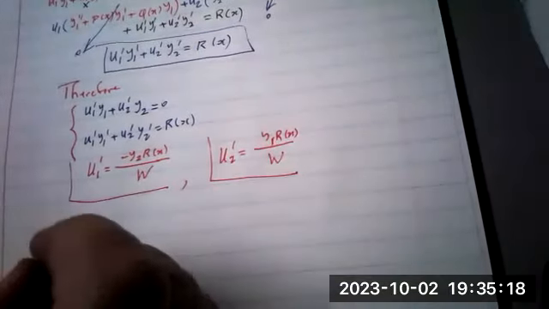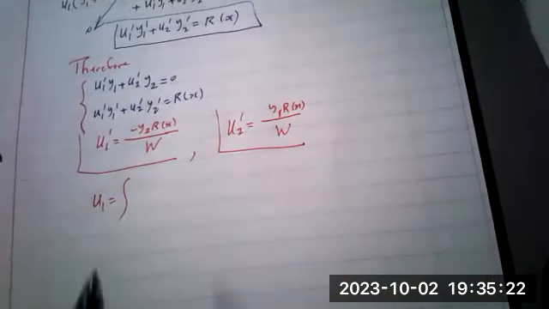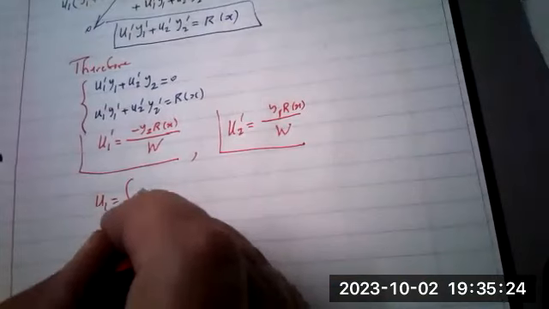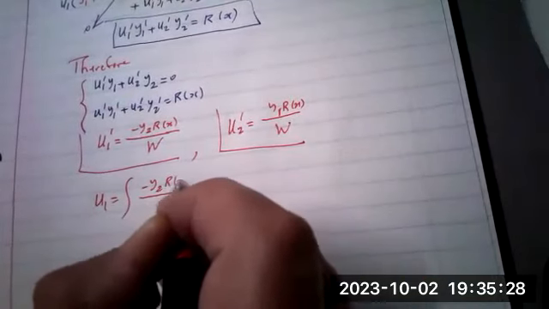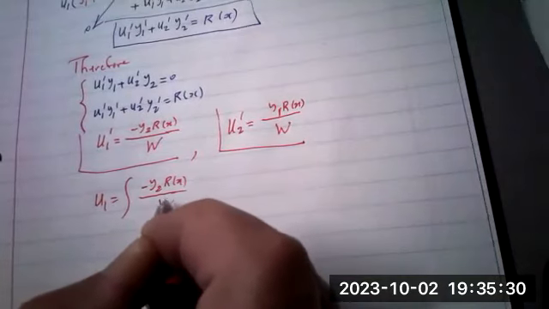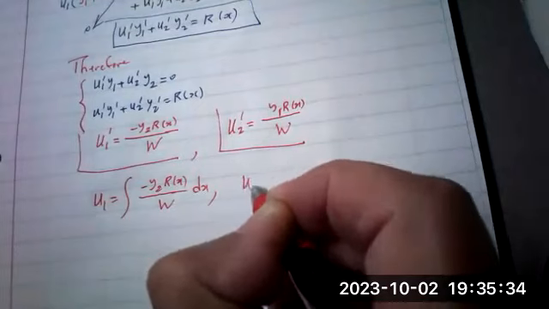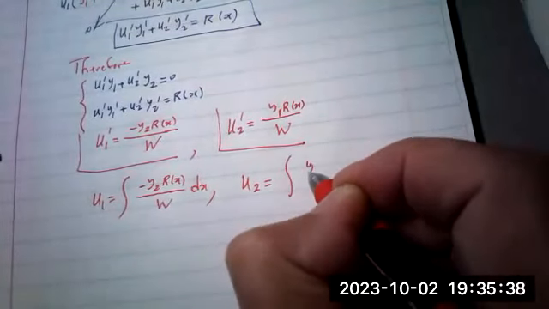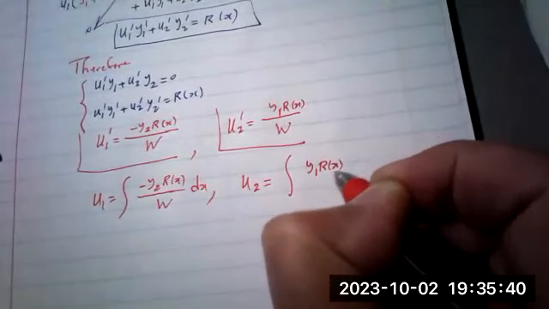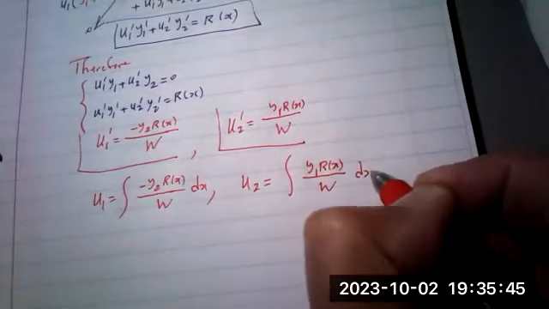So u1 is, these are the ones that you have to memorize. u1 would be negative integral of y2 times R(x) divided by the Wronskian, dx, and u2 would be the integral of y1 R(x) divided by the Wronskian, dx.